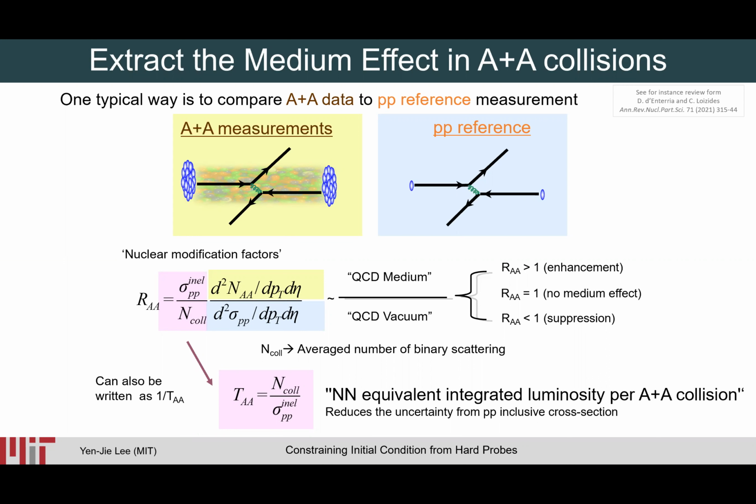This factor provides a fair comparison between the pp reference and the AA measurements by scaling down the AA measurements by Ncoll, which is the number of binary collisions in AA collisions. If this number is 1, this means that there's no medium effect. If RAA is smaller than 1, this means that there's a suppression of the process of interest.